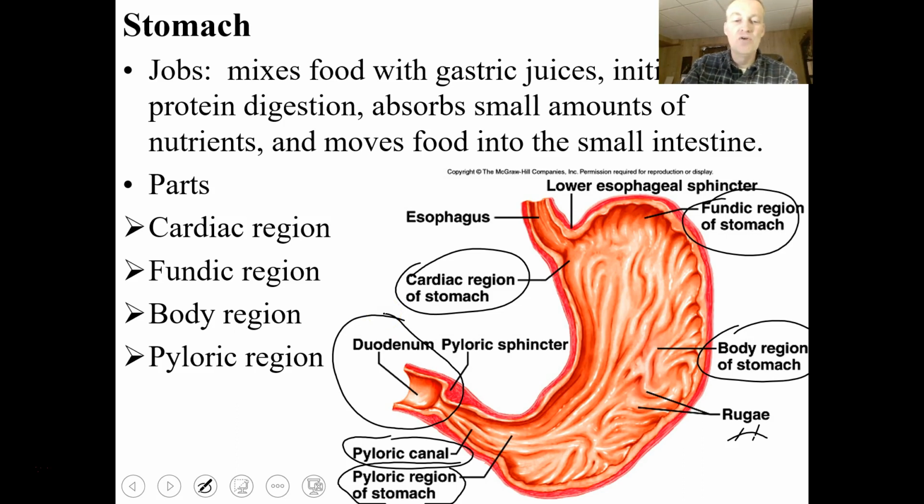Now, some books have duodenum or duodenum. I don't mind if you pronounce it either way. There is a sphincter there called the pyloric sphincter that shuts off anything going into the small intestine, or allows it to go into the small intestine if it's ready to enter in.